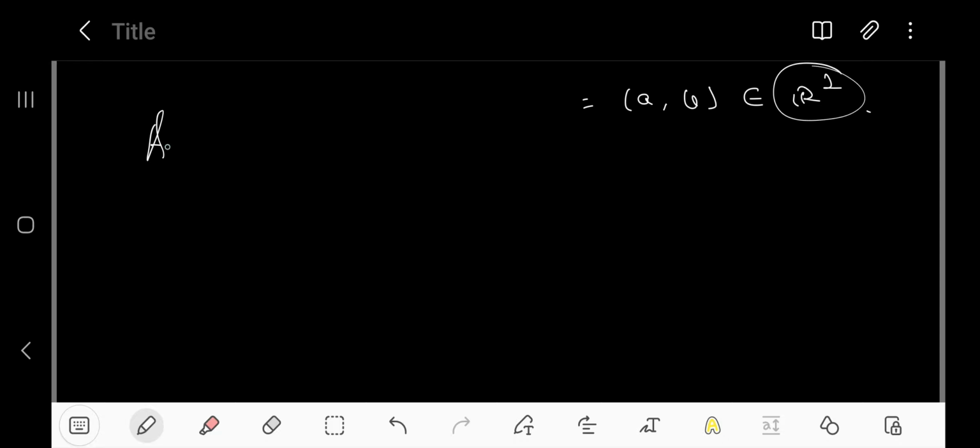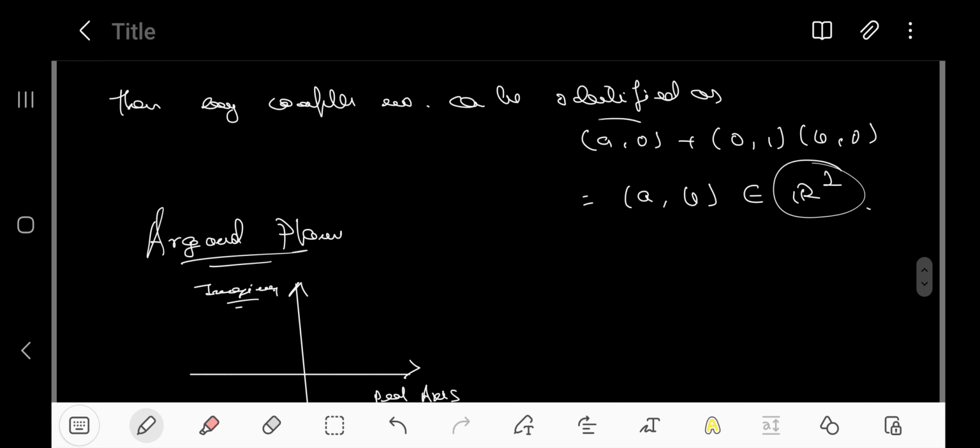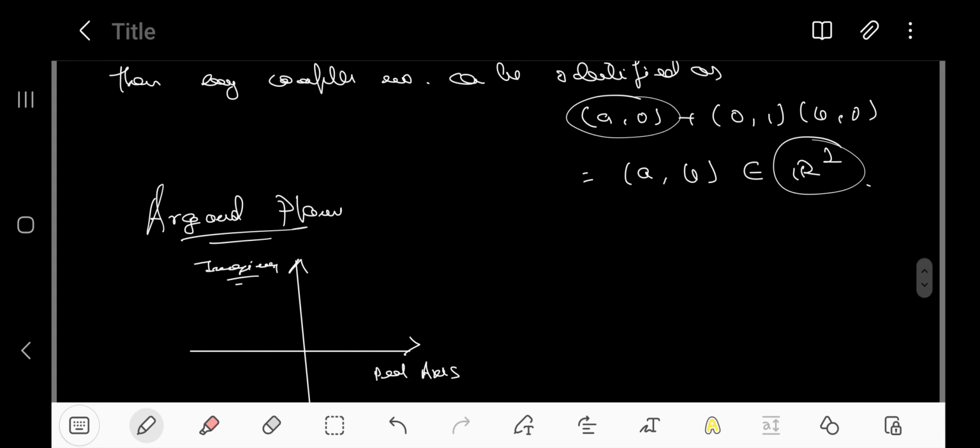So the Argand plane is basically the R2 plane itself, where we name the x axis to be the real axis and the y axis to be the imaginary axis. Why is it so? Because in the real axis we plot the real numbers simply, right? Nothing else. And in the imaginary axis we plot those terms which are there along with the i, right?